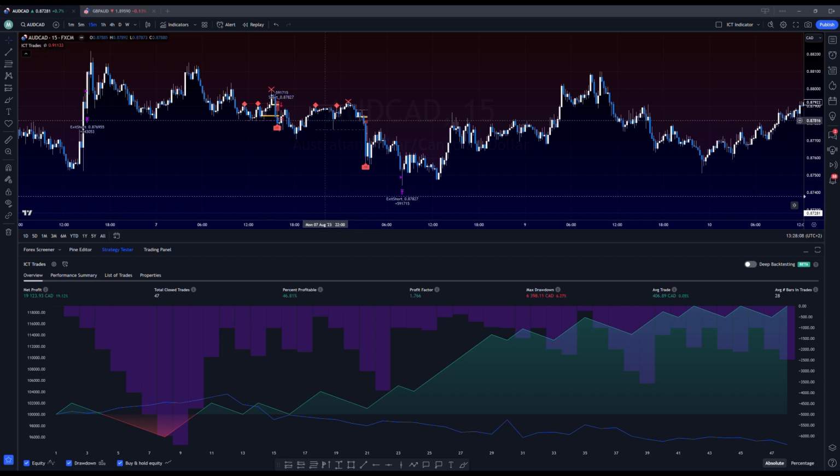And the last thing is, as you can see before, sometimes the strategy fails to load. It is because there is so much calculation to finding these ICT trades. So if it happens, just reload the chart and it should go on. There is 20-second maximum loading in free accounts, and there is 40 seconds loading in paid accounts by TradingView. This is the TradingView terms.